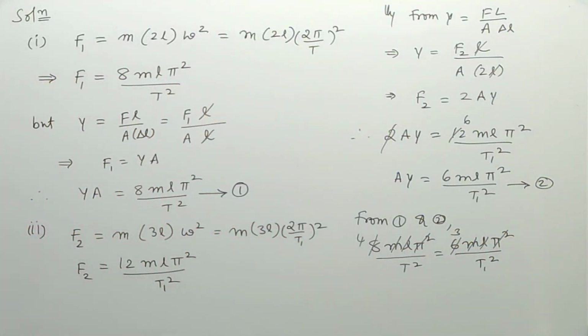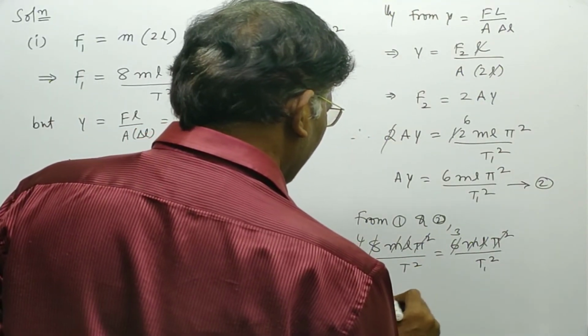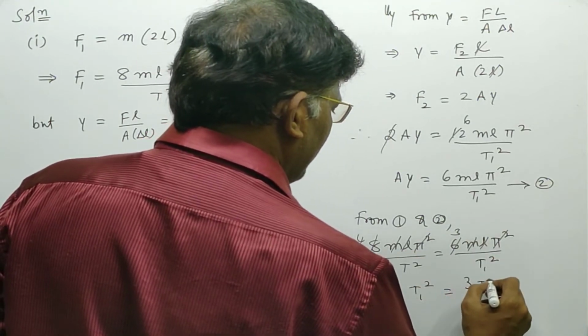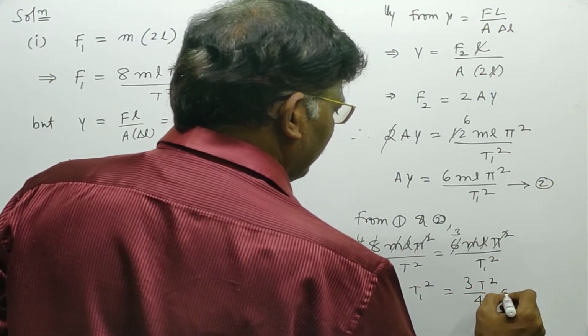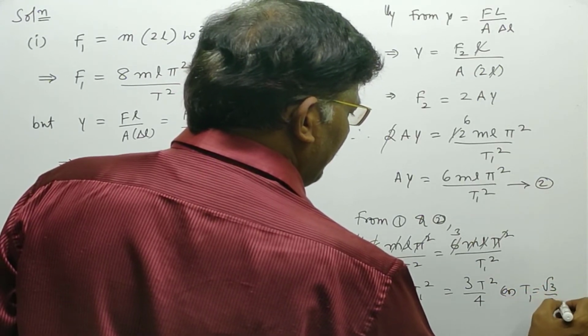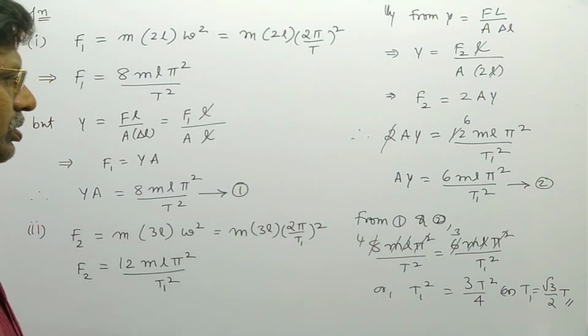So what is remaining here? 4 by t square equals 3 by t1 square, so t1 square is equal to 3t square by 4, or t1 is equal to root 3 by 2 t is the answer. t1 is equal to root 3 by 2 t.